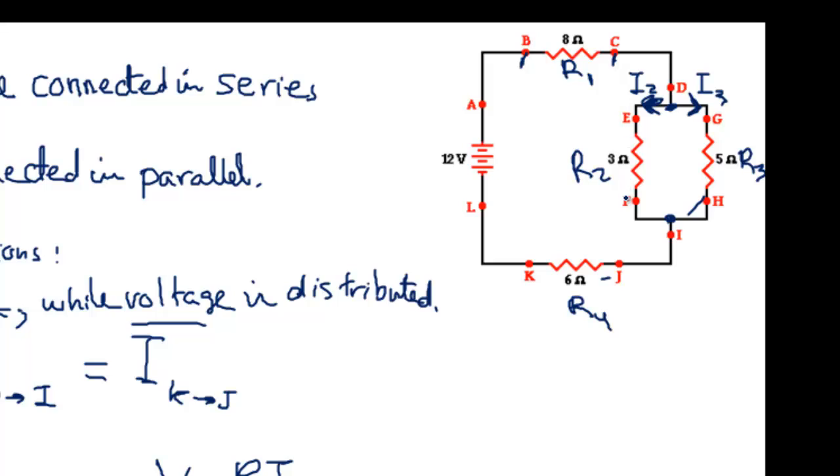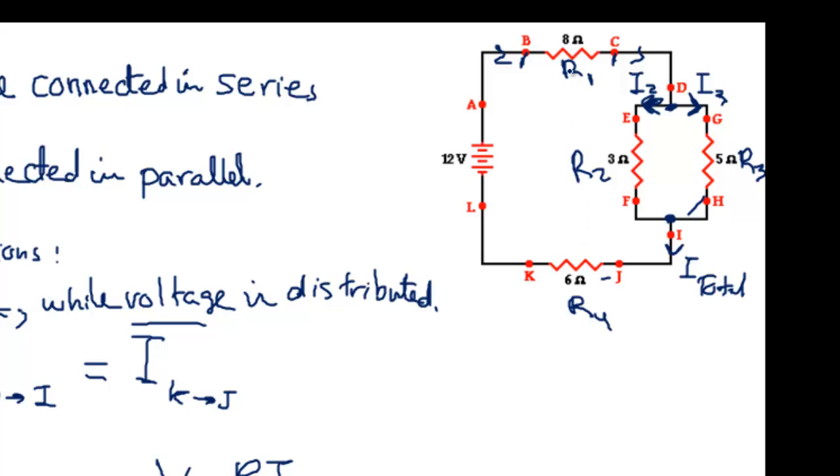I2 will go through R2, which is the 3 ohm, and then meet at this junction with the current that goes through R3 and form I total again. So I total will go through R1, pass through it, reach this junction, split into I2 and I3, then meet again as I total. Okay, so apparently the current that goes through either one of those resistors is smaller than the current that goes through R1 and R4.